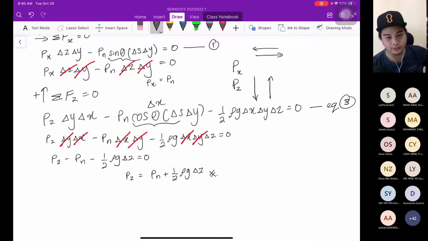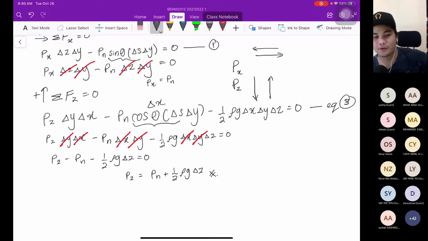Another one, what can we control? The pressure varies because of delta Z and also one more thing. Density. Can we control the gravity?